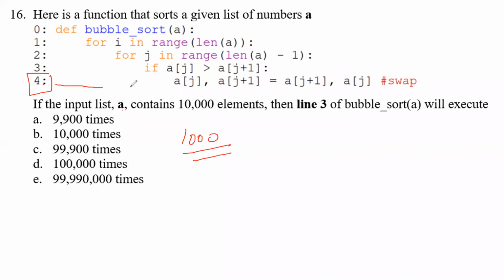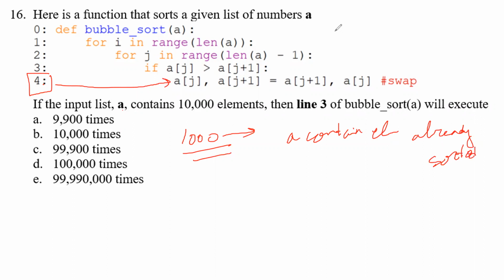I want this line, how many times is it going to be executed? There is one condition here. The condition says that these elements of A are already sorted in increasing order. So A contains elements that are already sorted.